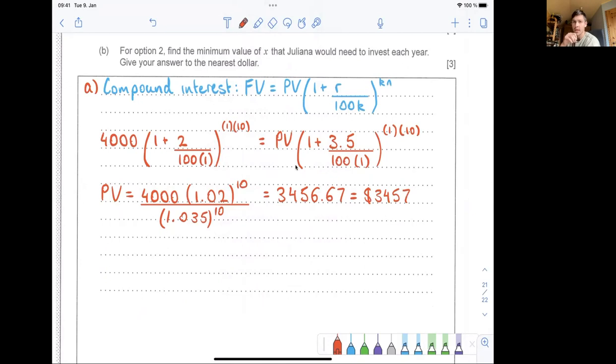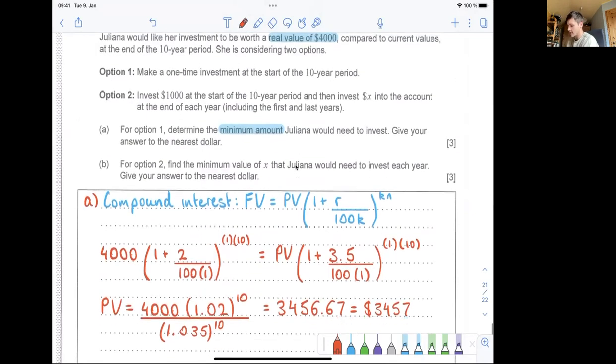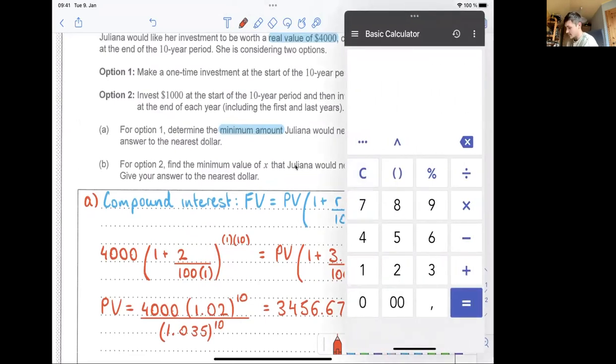Now, quickly before I move on, I've noticed that an alternative way to calculate this, which is accepted in the mark scheme though technically slightly wrong, is if you just take the difference between the rates, which would be 3.5 subtract 2, which will give us 1.5. Now, if we do that in our calculation and go 4,000 divided by 1.015 to the power of 10, you'll see that gives us $3,446.